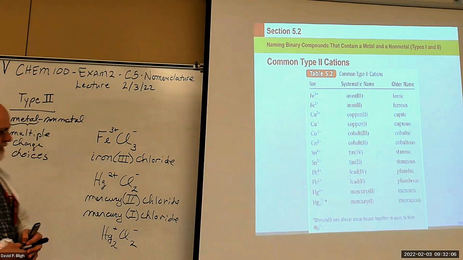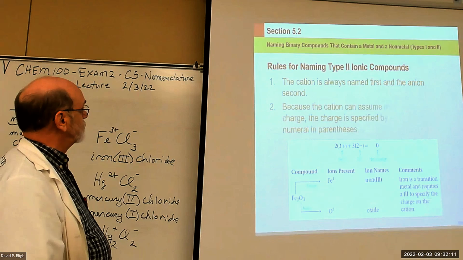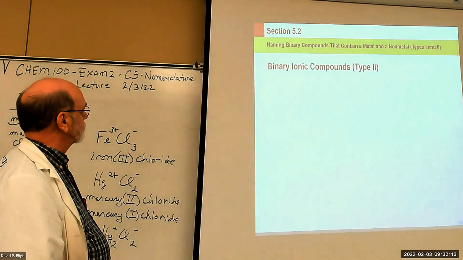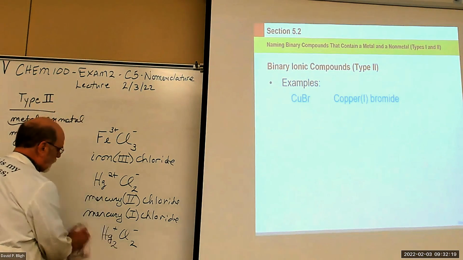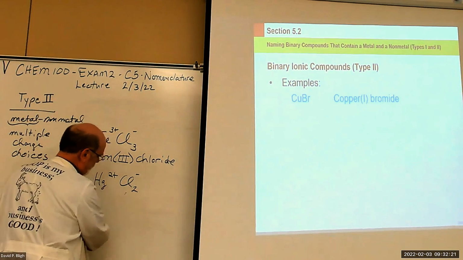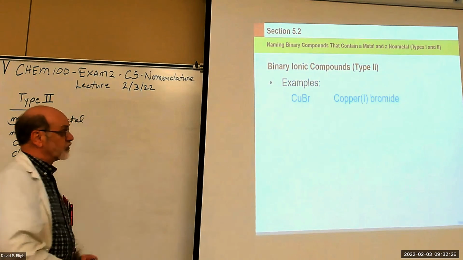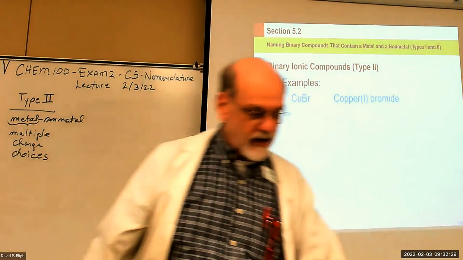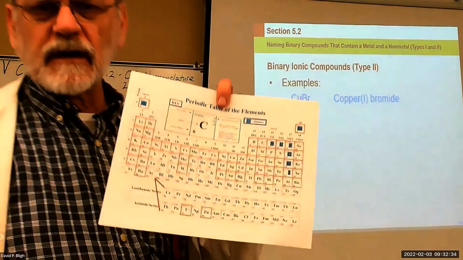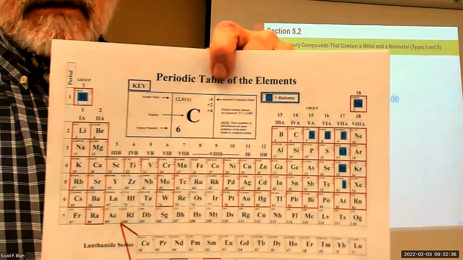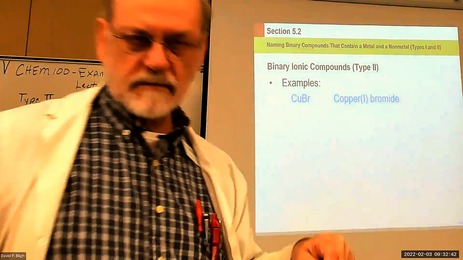Okay, so let's look at some other examples. Here we go. Copper(I) bromide. Now, is that true? Is copper multiple possible charges? Well, you look at your periodic table, and you'll notice in the upper right-hand corner of each of these boxes are charge numbers.